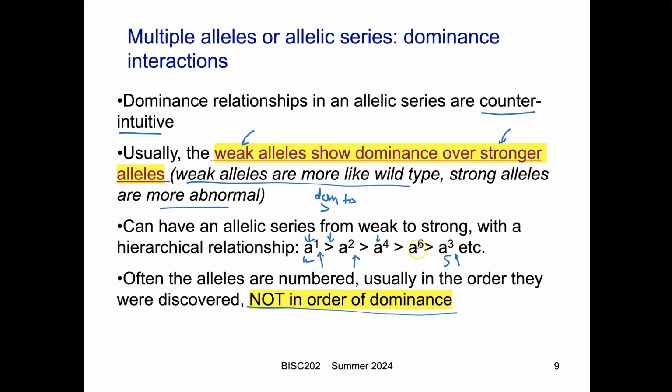It may happen to be in one situation, but A1 could be the weakest or the strongest allele in another case. That's just historical. That's the order in which they were found or characterized or understood, and it doesn't have anything to do with dominance. So think about this a little bit, and then in the next prep, I'm going to go through a couple of examples.